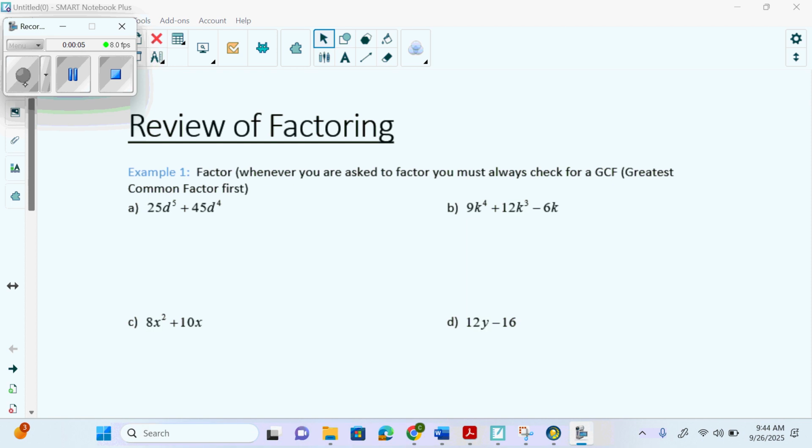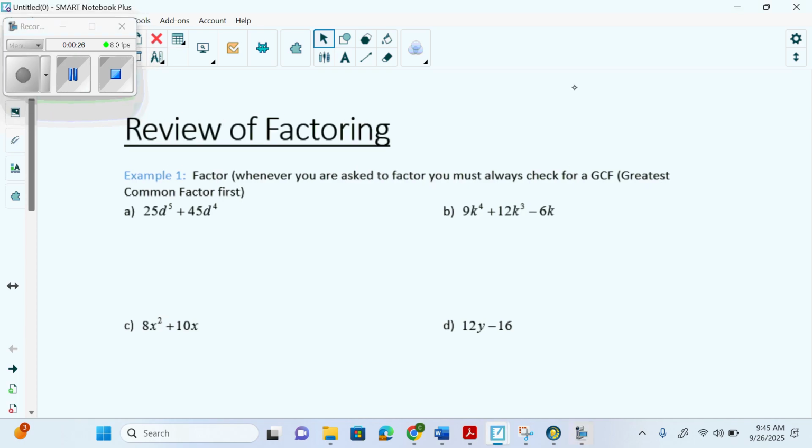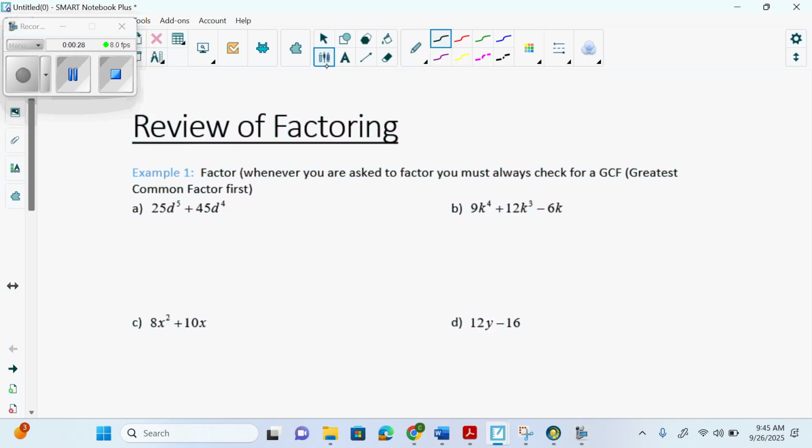So the first one, whenever you go to do any type of factoring, even if it was in grade 10 or 11, whatever class you were in, the very first thing you always do is look for the greatest common factor. Is there something I can take out? Now, think about it. Greatest common factors are through division. Say I had 2x plus 2y.